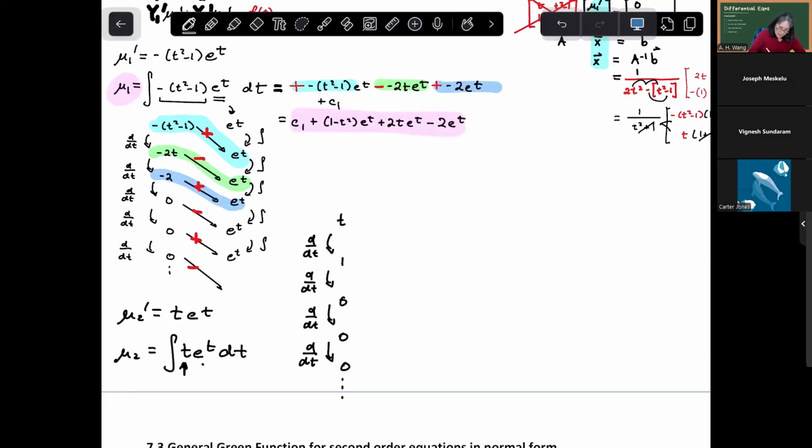Then take the e to the t over here. When you take the integral, it's still itself, so it's super, super easy. If you take the integral, it's e to the t, and now you're just going to draw slanted arrows.